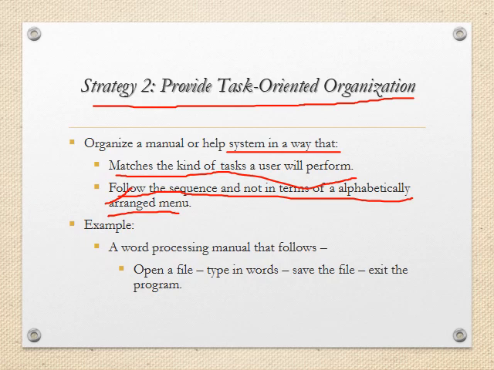An example of a task-oriented organization in a word processing manual: in order to do anything, we have to open a file, type in words, save the file, exit the program. This is the right organization or structure for the task-oriented steps.